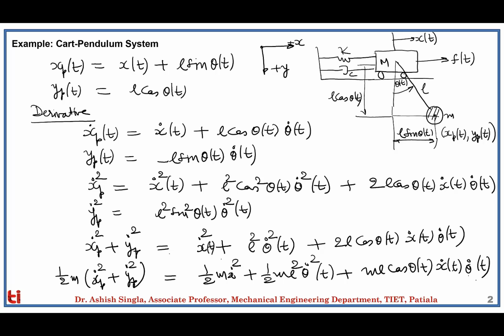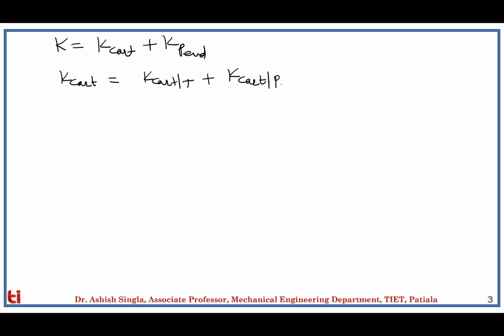So after calculating this, we are now in a position to calculate the kinetic energy of the cart pendulum system. So we know that the total kinetic energy of the system should be equal to kinetic energy of the cart plus kinetic energy of the pendulum. And we know kinetic energy of the cart has two components: kinetic energy of the cart translational plus kinetic energy of the cart rotational.